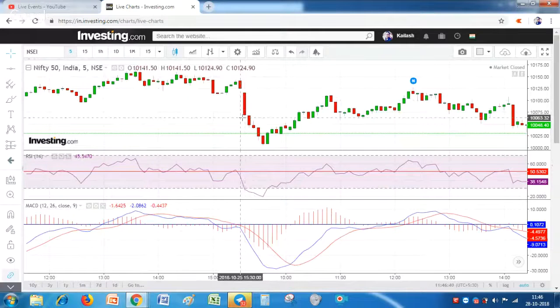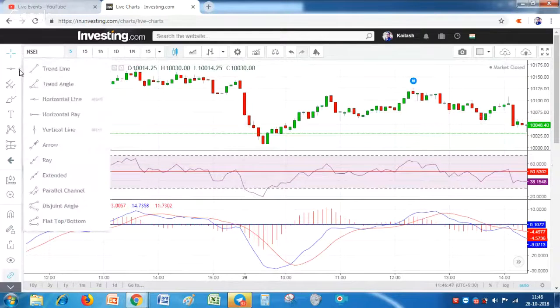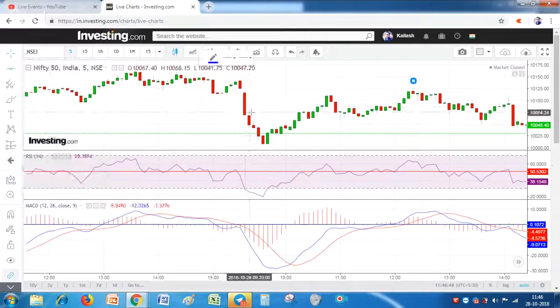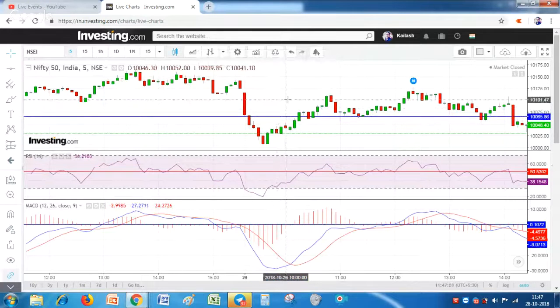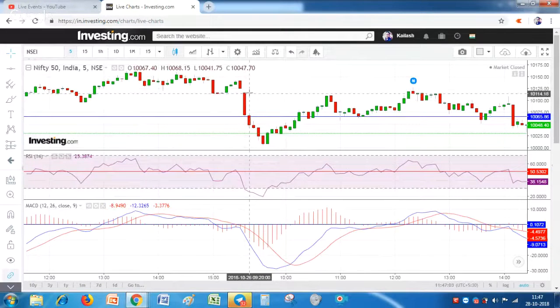So one can go short below the close of the first 5 minute candle. Let me mark that level as well. Means somewhere around approximately, yes, this level, friends. This is our level, and simply we can keep the stop loss at the high of the first 5 minute candle.